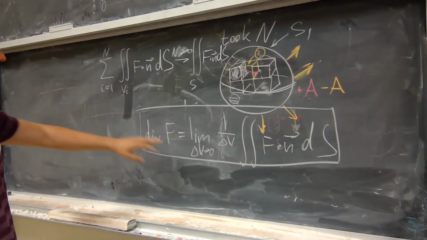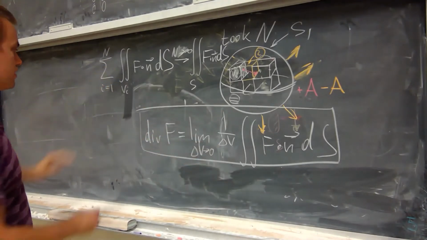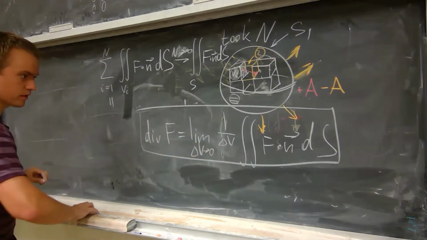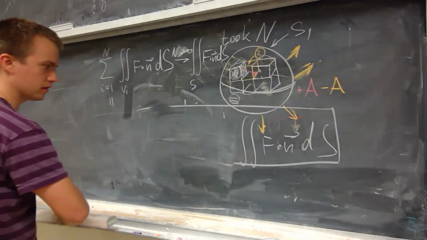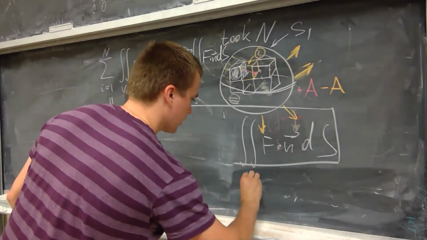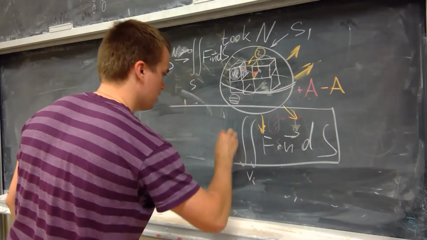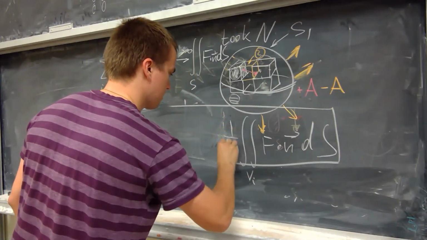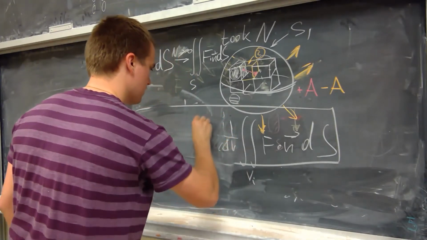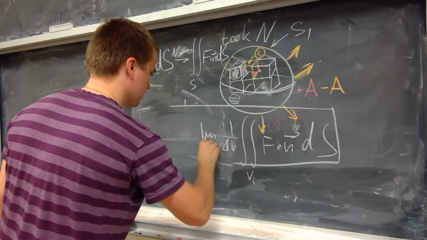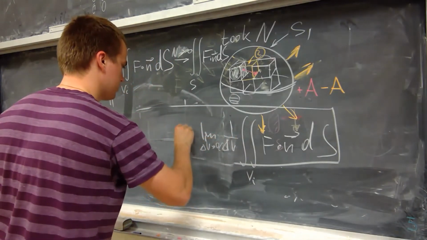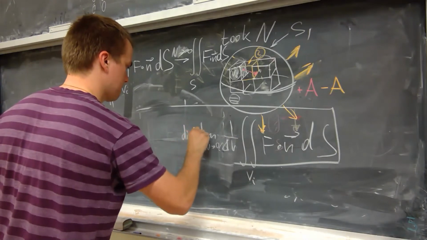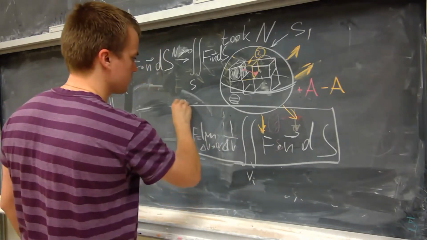I can divide by delta V and multiply by delta V. So let's erase this a little bit and make it more compact. We have here the limit as delta V goes to 0 of 1 over delta V times the flux through the boundary of Vi, and this is my divergence of F. I need this formula.